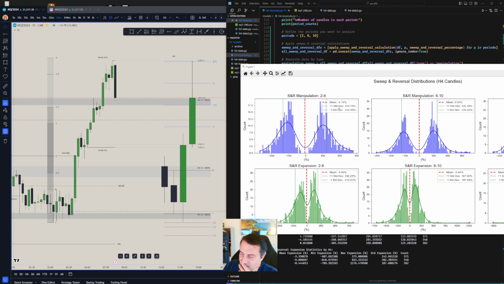So the standard deviation: 2 out of 3 times, when it's a manipulation that's going to lead to a reversal, it's going to go to 123, right? So this is the 120% retracement between 2 to 6. So 2 out of 3, the range of the retracement will be between, well, you can see it, right?